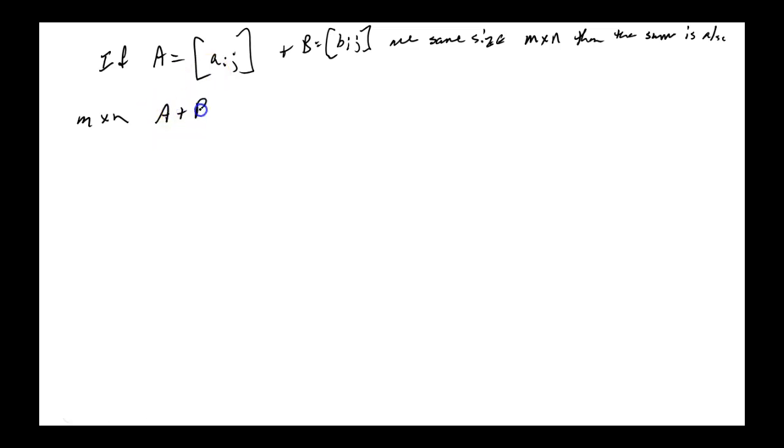A plus B will have the same dimensions, and it will be Aij plus Bij. The sum of two matrices of different sizes is completely undefined. You can't do it.